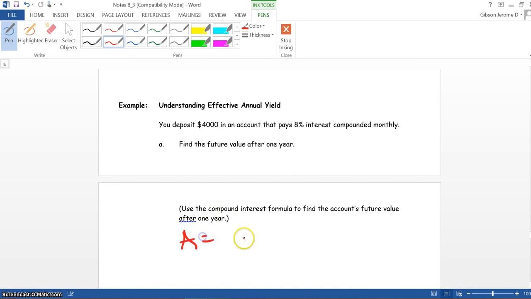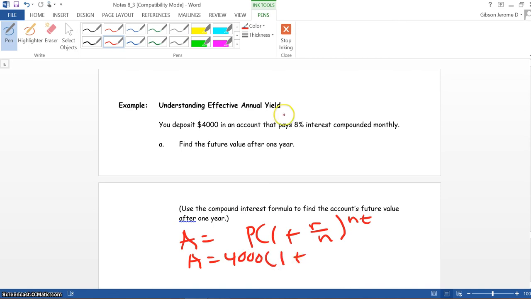So we will have A is equal to P times 1 plus R over N to the NT. So we have A is equal to, our present value is $4,000 times 1 plus, the rate is 8%, which is 0.08, divided by the N, it's compounded monthly, so it's divided by 12.